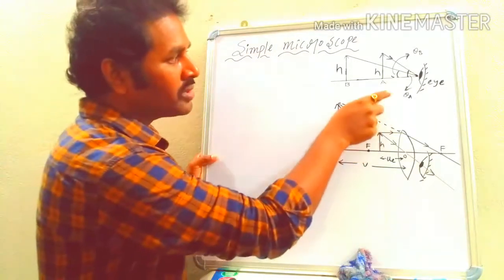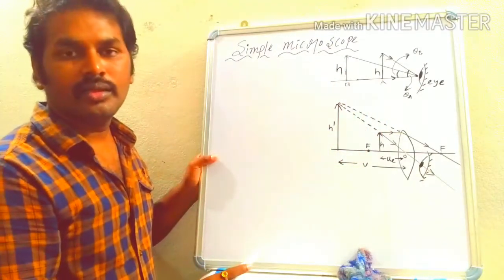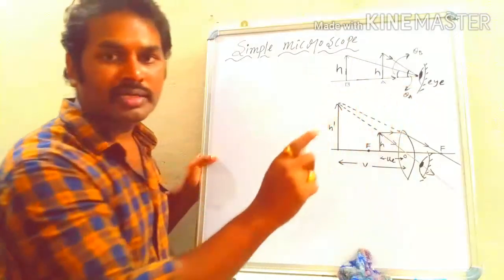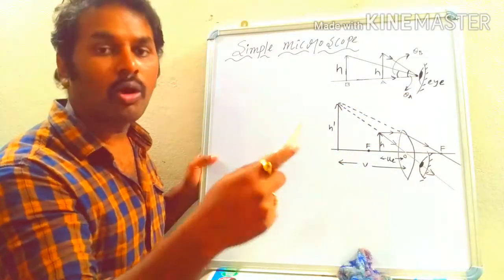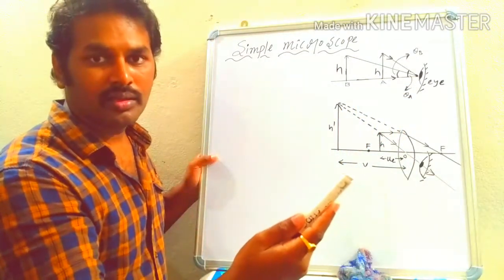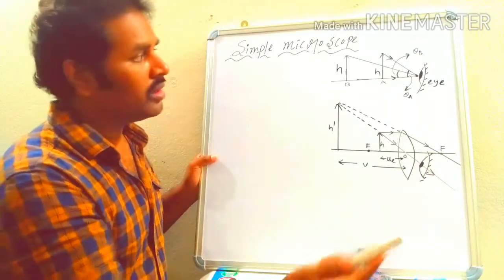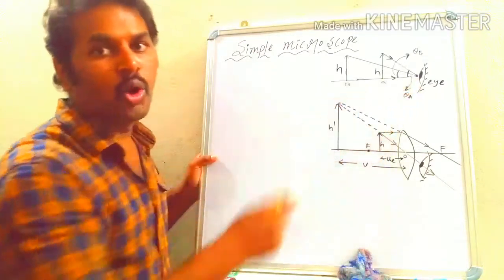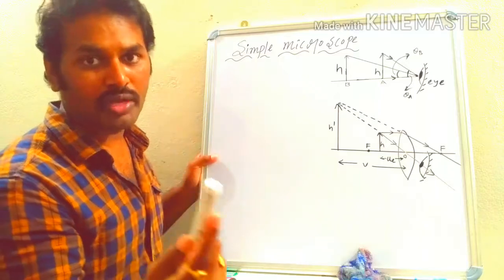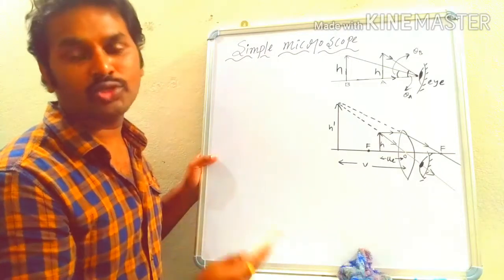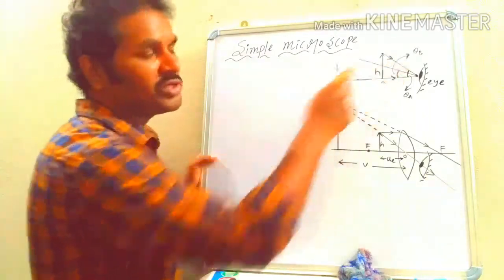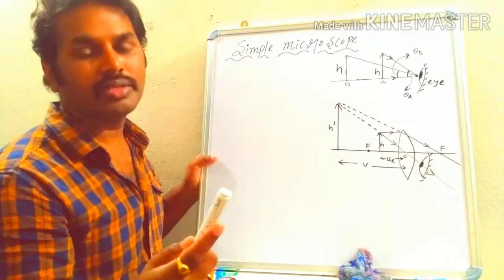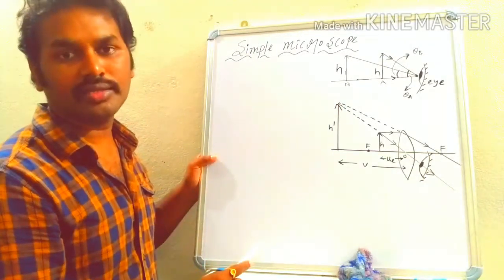Depending on this angle, the image formed on the retina changes. If more is the angle, more will be the height of the image on the retina. If lesser is the visual angle, lesser will be the height of the image on the retina.